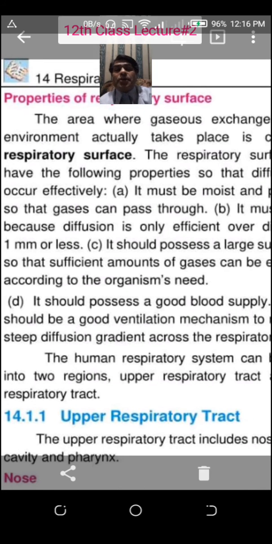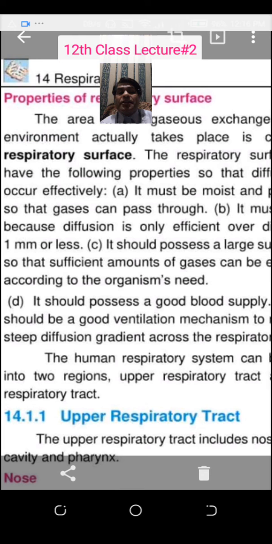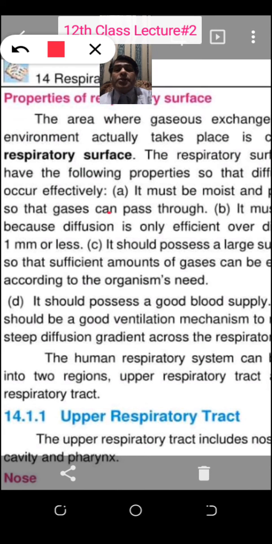So the first point is that the surface of the alveoli cell must be moist. Moisture should be there for efficient diffusion, so that gas easily goes into the alveoli cell.